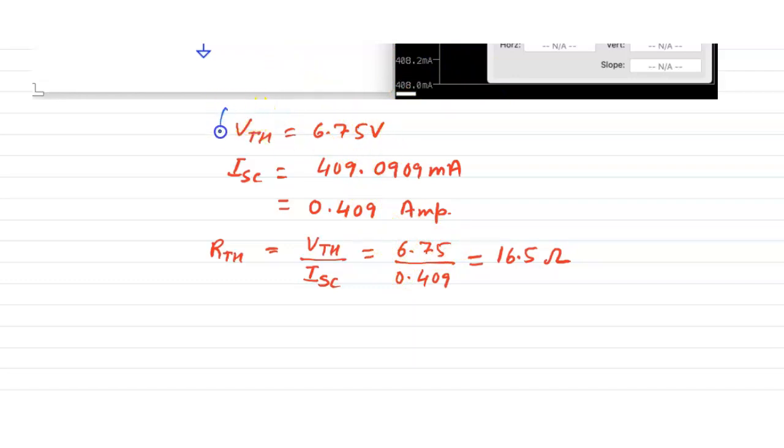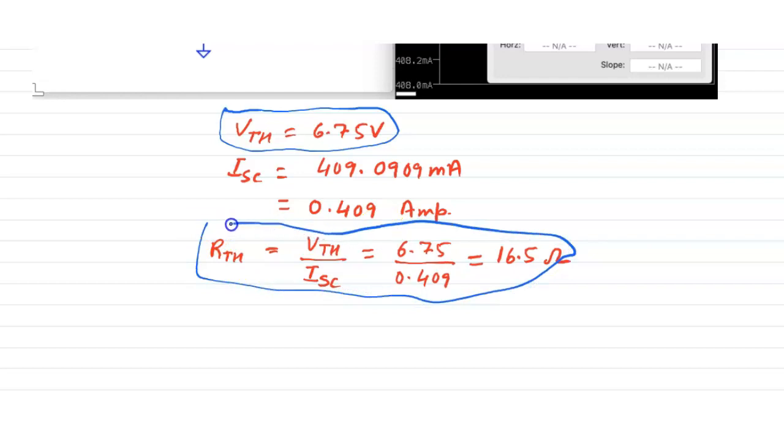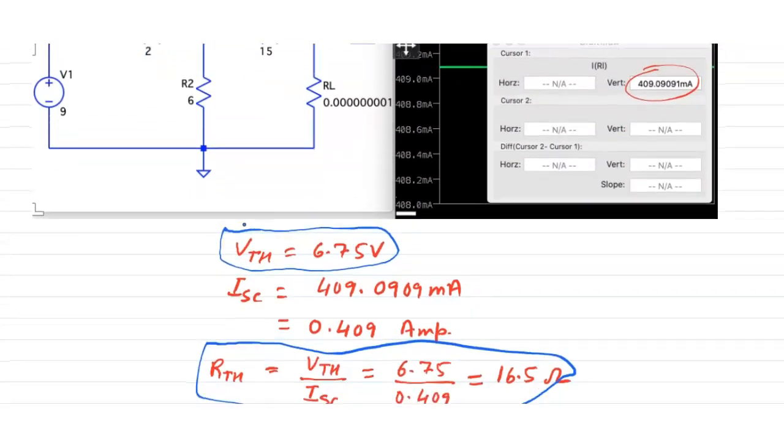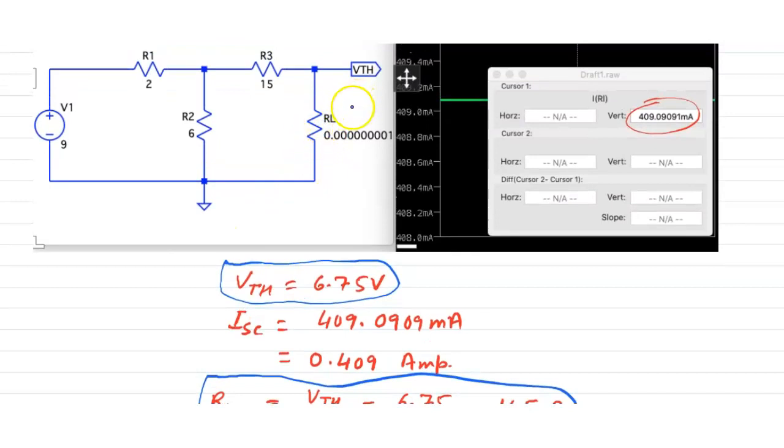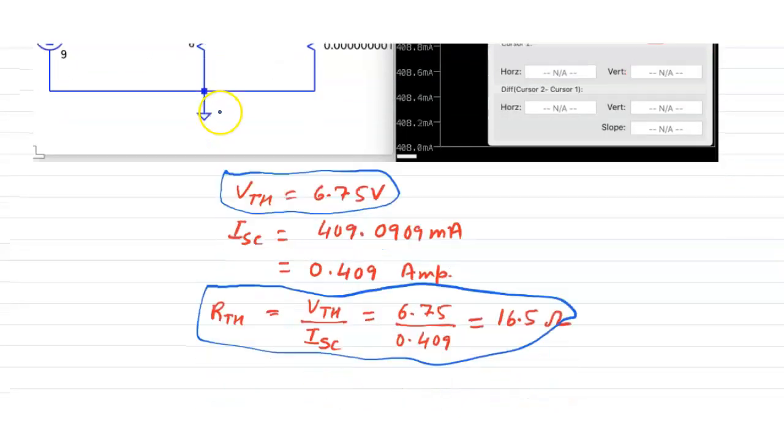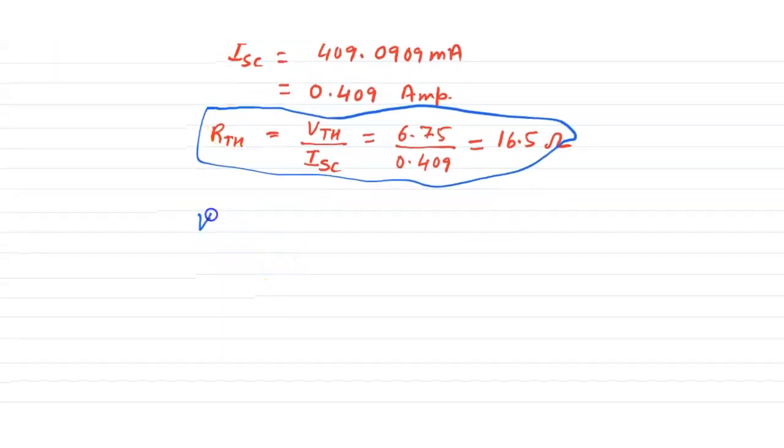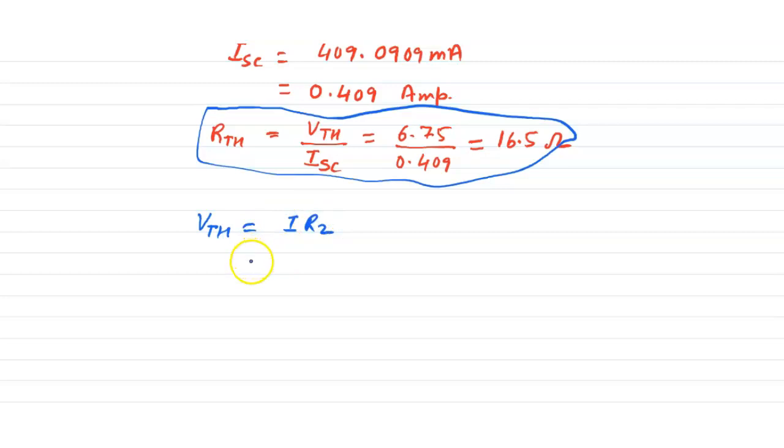So let's find out the theoretical values of these two. These are the experimental values. Now find out the value of VTH theoretically. Theoretically, the voltage across this resistance is the VTH. So VTH is equal to I times R2, that is V upon R1 plus R2, into R2.